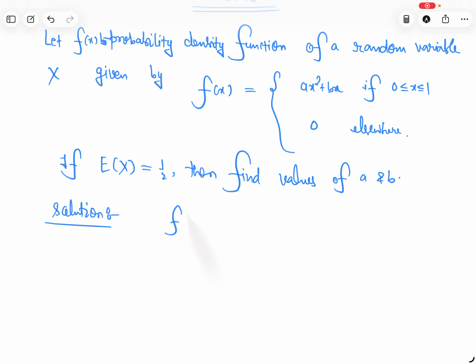So f(x) is a probability density function, so its integral from minus infinity to infinity of f(x) dx is equal to 1.